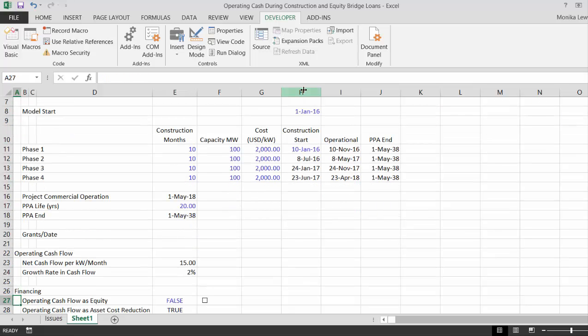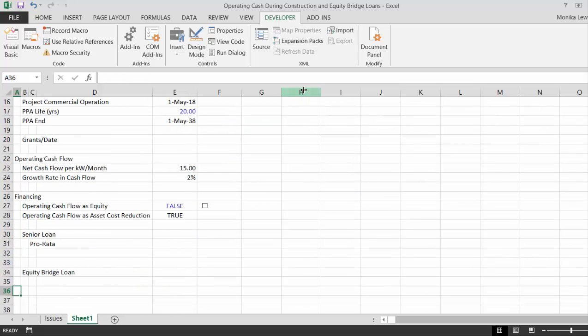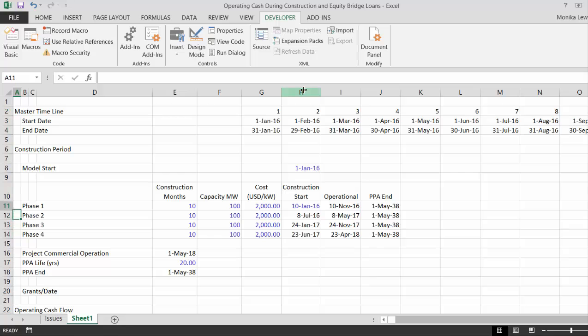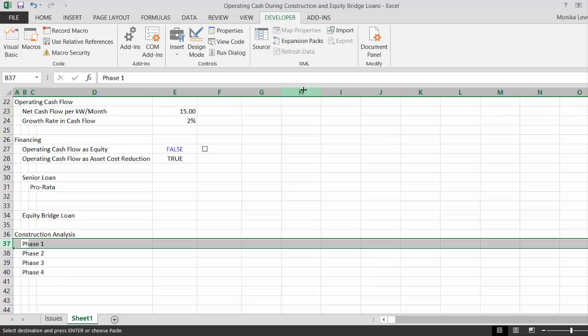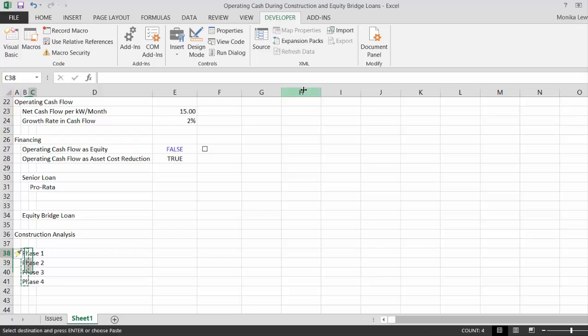Okay. And let's do our construction analysis. And then the first thing to do is to put our different phases in. Okay, I suppose I could have done this and linked it. And let's put the percent of time, percent of construction.